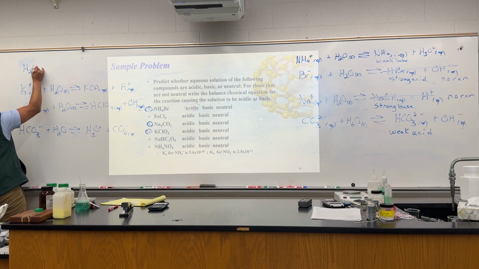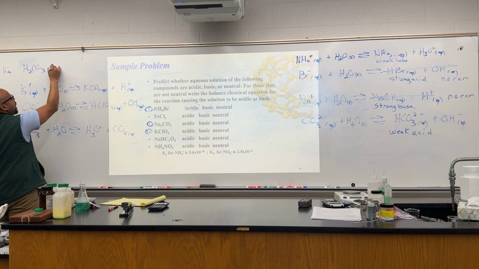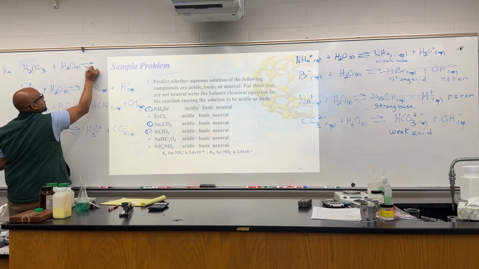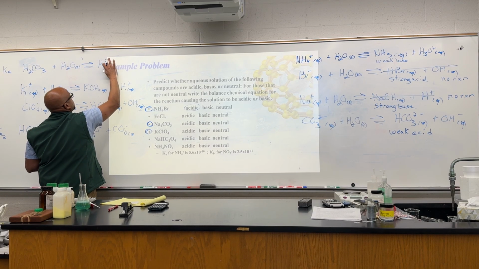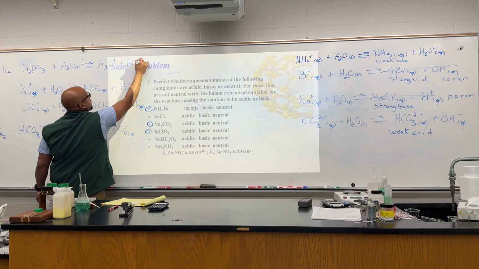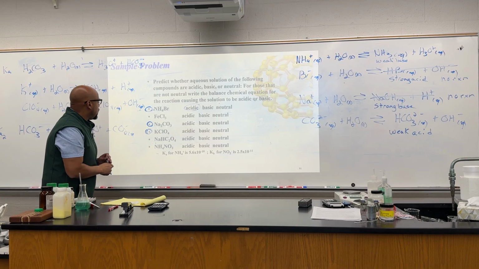So H2CO3, this would be a Ka1 I'd use for this. This one is a Ka2 because it's dropping off the first hydrogen in this case. Plus H plus, I get HCO3 minus. So I just want to make sure we're clear with the K1s and K2s.